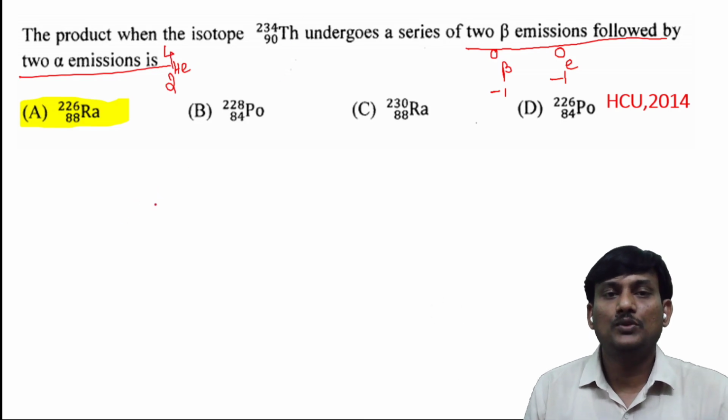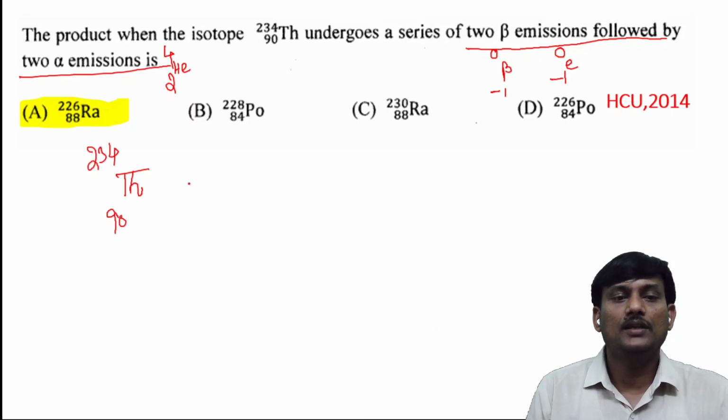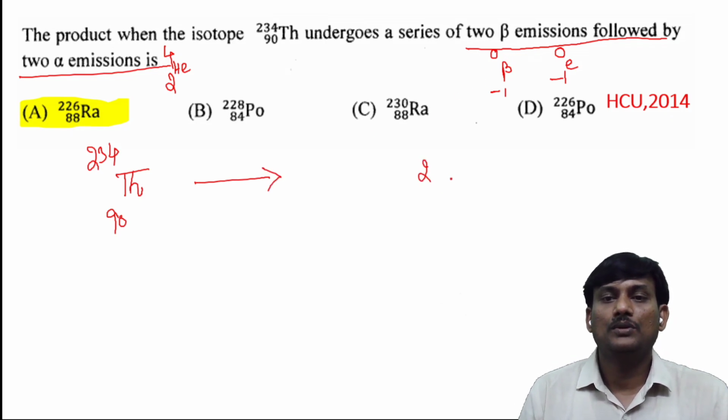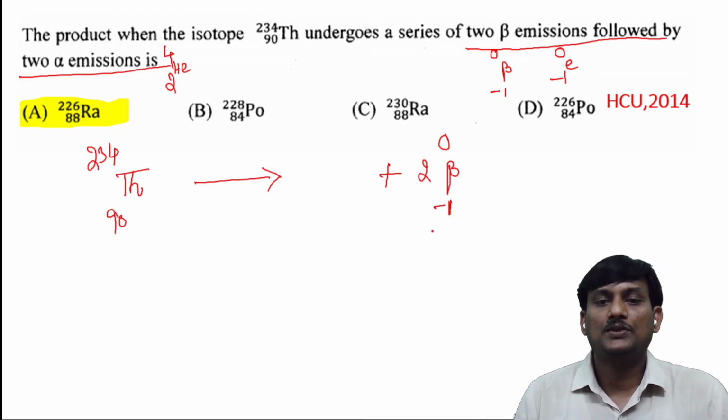Let's take the nuclear reaction. Thorium 90, 234. It emits, there is an emission of 2 beta particles, 2 beta minus 1, 0. So we have to balance this equation. Left side we have atomic number 90. Here we have minus 2. Minus 2.